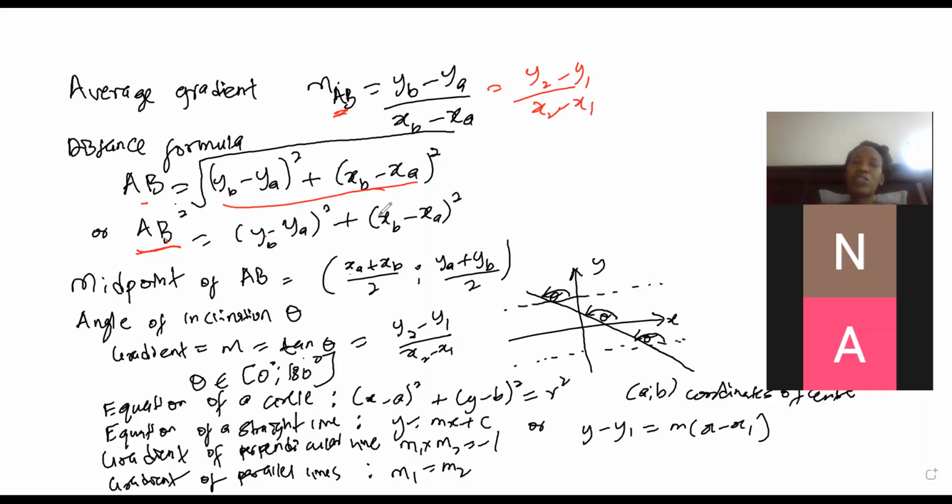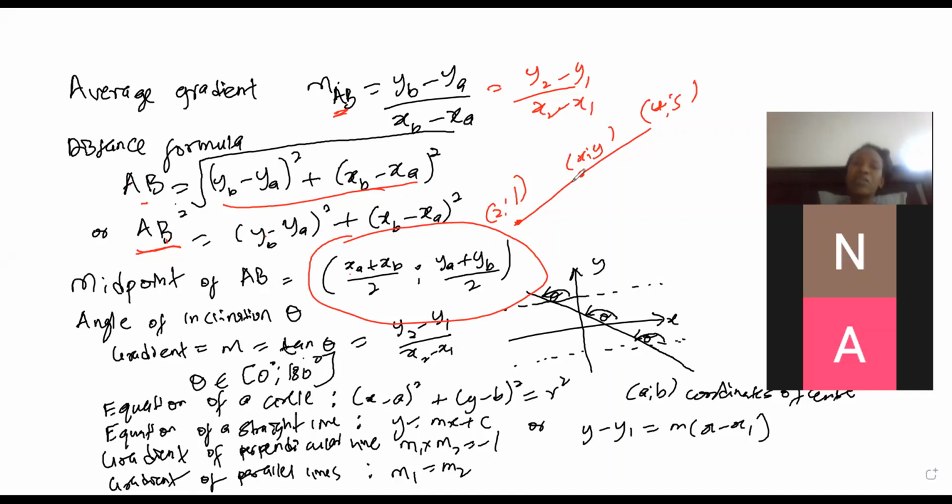So if you are given, maybe this is 2 and 1, and this is 4 and 5, and they ask you to calculate the midpoint, to determine the coordinates of the midpoint, you're gonna use this formula to get the coordinates of this point here. So you'll have your 2 plus 4 divided by 2, then 1 plus 5 divided by 2. So that's how you get your midpoint.